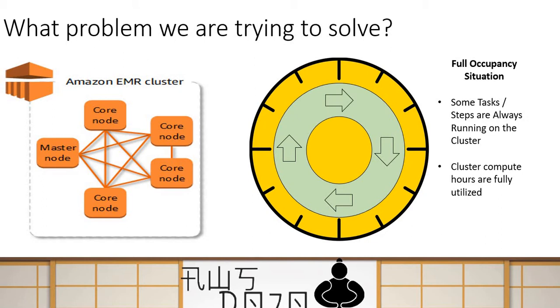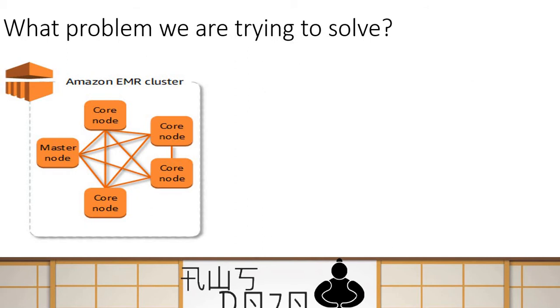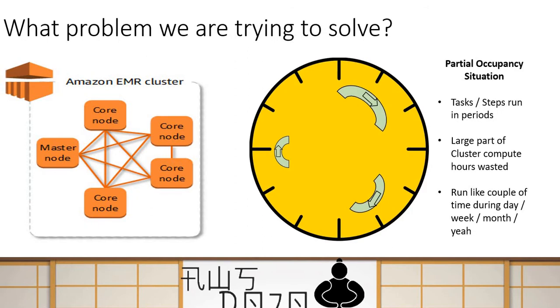But there are sometimes other situations where you have partial occupancy: your cluster is running 24/7, but you don't have jobs to run 24/7. So you run your jobs in periods. You run for some time, then there's no run, then you run for some time, then again no run.